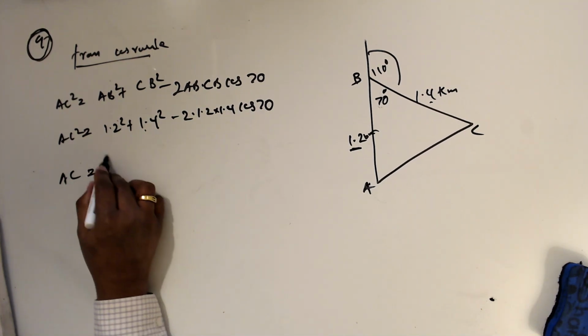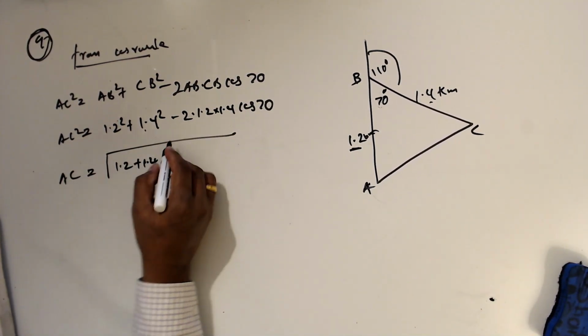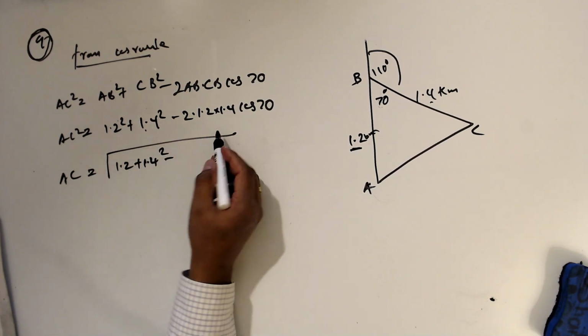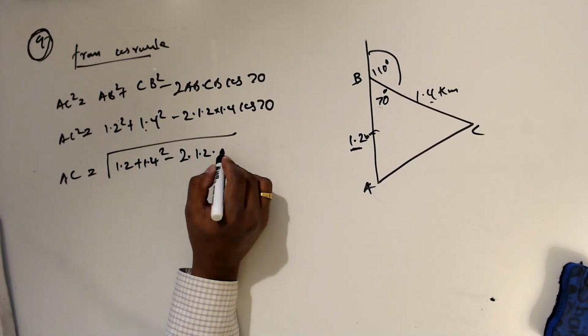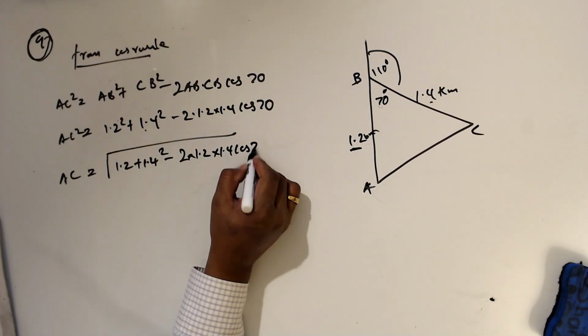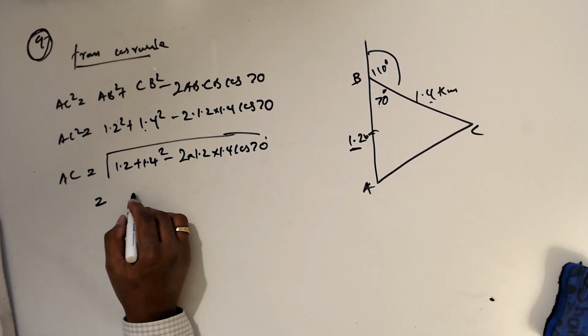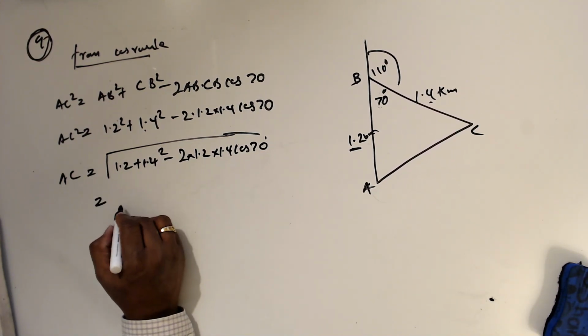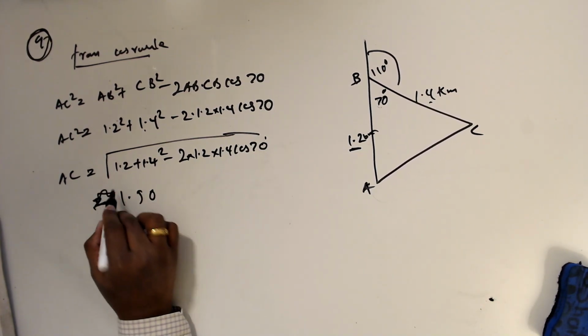AC is square root of that, which is approximately 1.50.